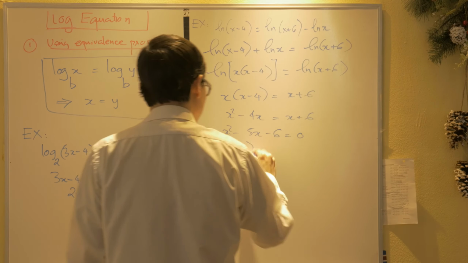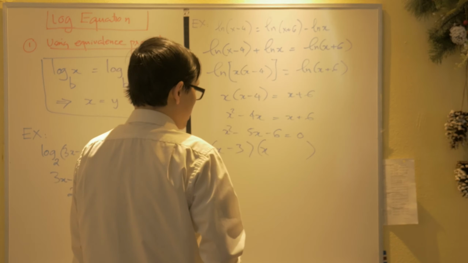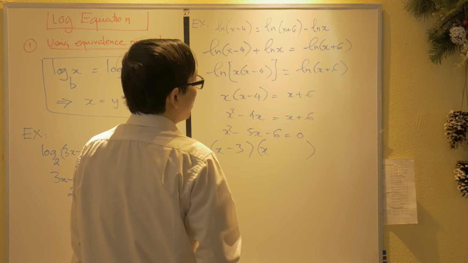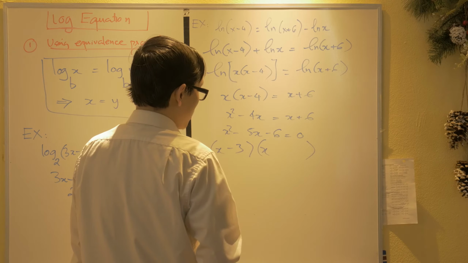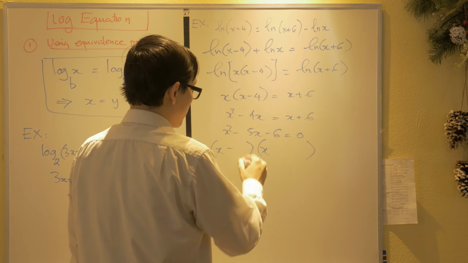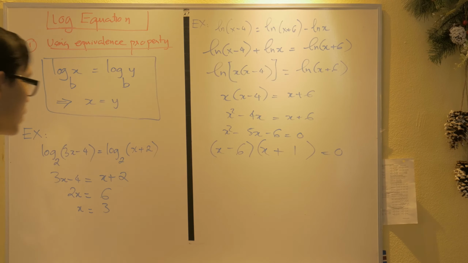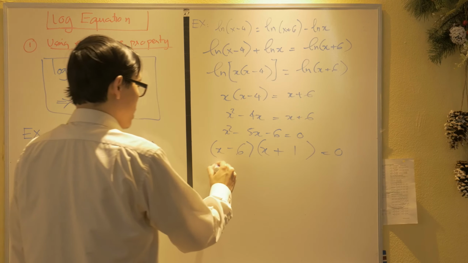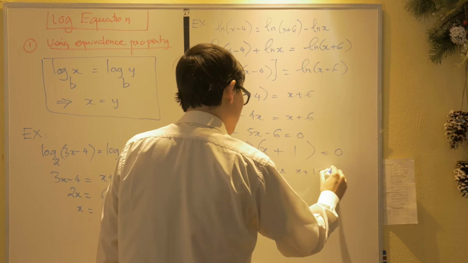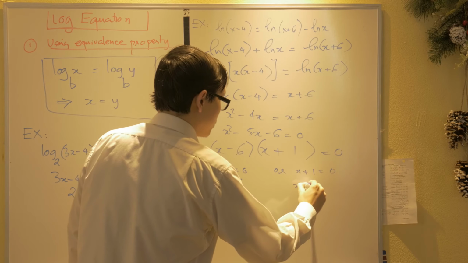You just need to factor. You have x minus 6 equals 0, or x plus 1 equals 0. Then you have x equals 6, and x equals negative 1.